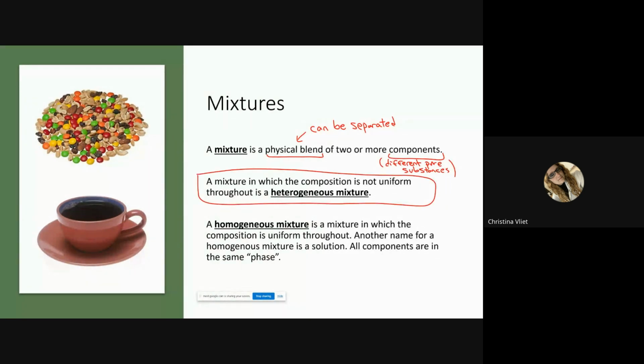And so the two types of mixtures you need to be aware of are heterogeneous, where the composition is not the same throughout. You could also say it's two or more phases, is another way to understand it. Whereas a homogeneous mixture is one phase. Everything looks the same in a homogeneous mixture.